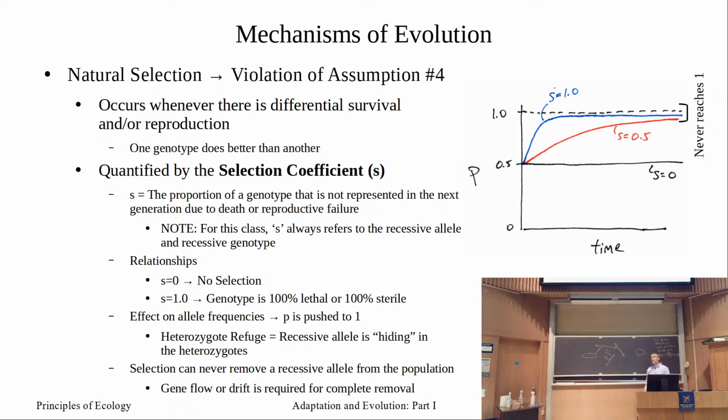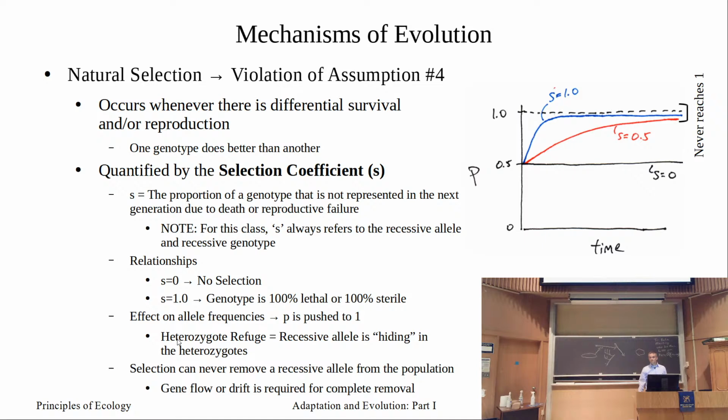Or we're relying on those individuals to say, hey, I'm fed up with this population, let me try to find a new habitat where I can raise my kids, and they leave that population. That's what we need. So selection is also going to cause fixation of alleles, but it can't ever get us there all the way. We need some other force to actually get us to that 100%.